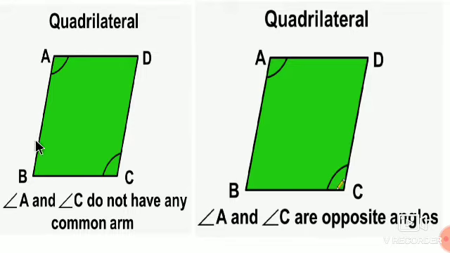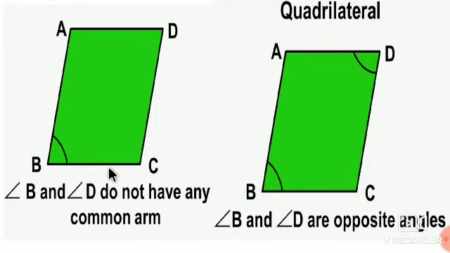So these two are the arms of the angle, and BC and CD are the arms of the angle C. So these two angles do not have any common arm. Such angles are called opposite angles. So angle A and angle C are opposite angles.